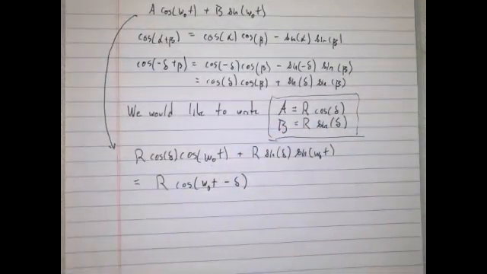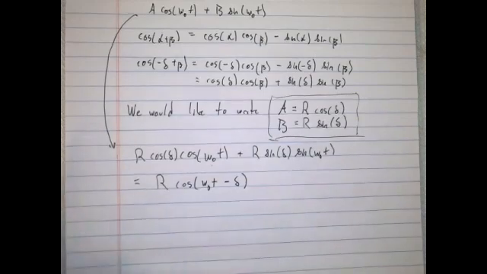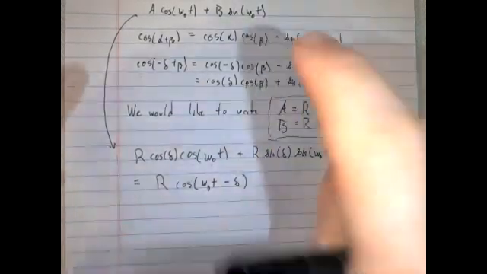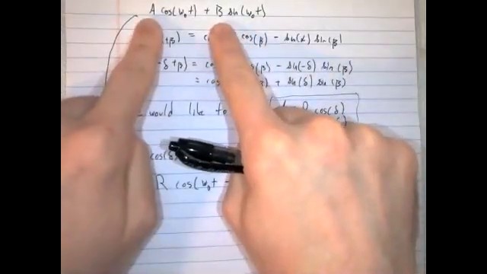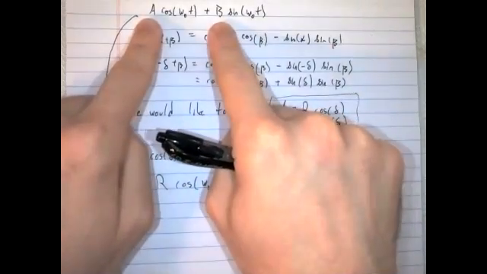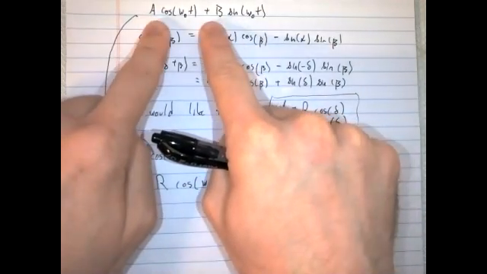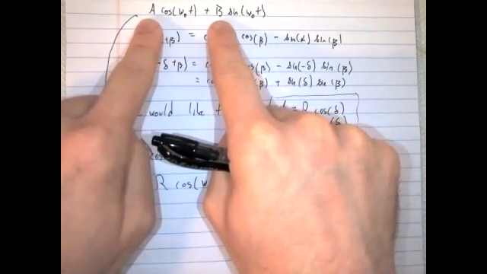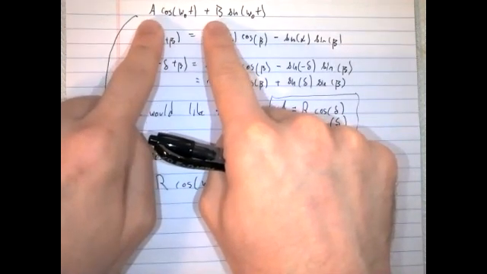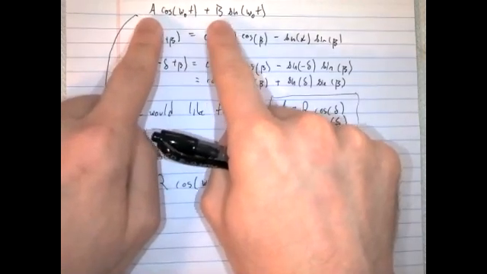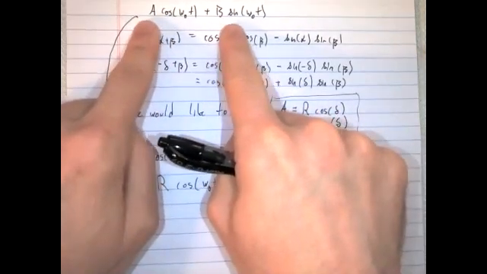Okay, so I want to take a second and point out that we've done a really interesting change of coordinates here. You're expecting a two-dimensional family of solutions. Here it's very obvious that you can mess around with A to be whatever you want, and B to be whatever you want, and you'll get a two-dimensional family.